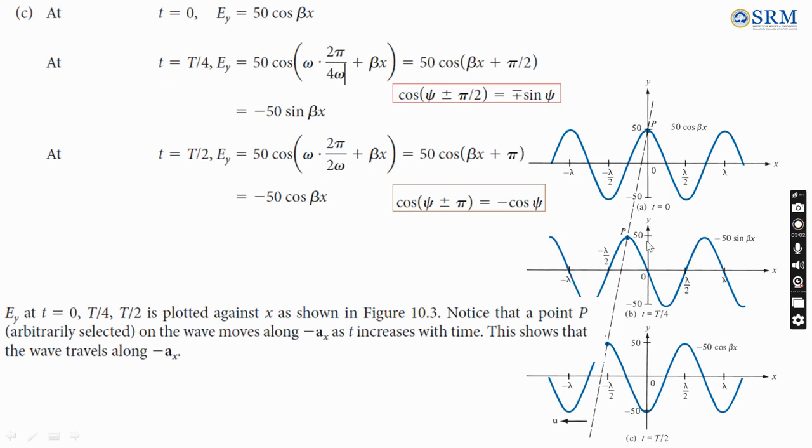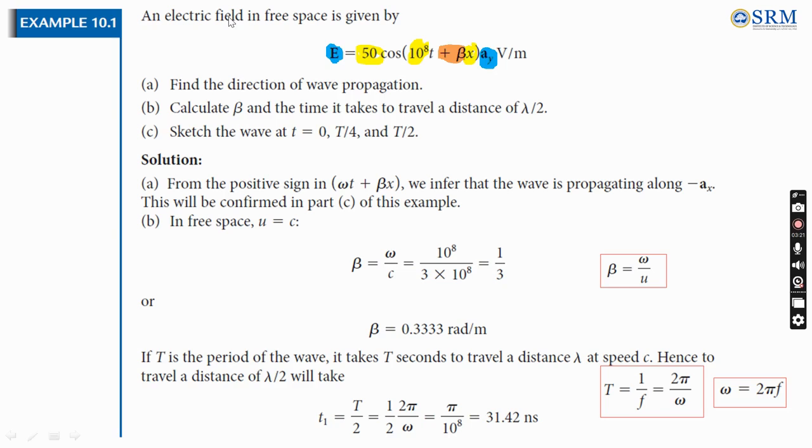And t equal to T by 4. Since the wave is traveling in the negative axis, I have to take the T by 4 in the negative axis, that quarter period. If I substitute there, the electric field intensity will be 50 cos. Why have we put the mention EY? Because the component of the electric field is along the y-axis, but the wave is only traveling along the negative x-axis.